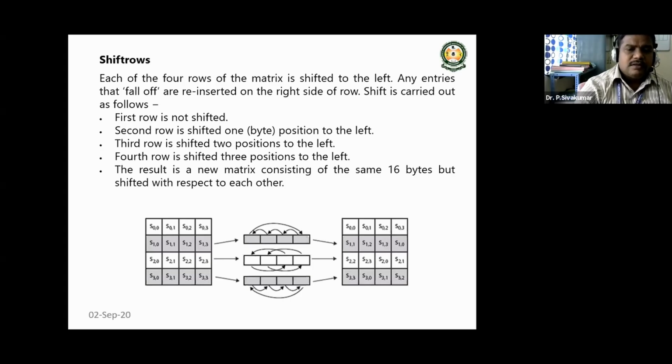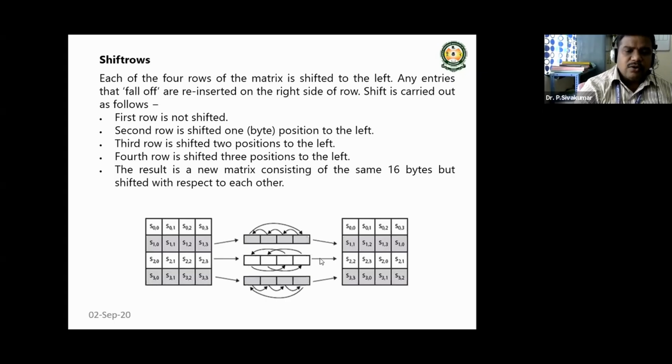The first row I am not changing anything. The second row I shift by 1 byte position to the left, a left circular shift. The third row I shift 2 positions left, circularly.